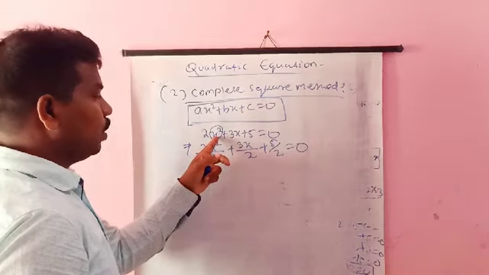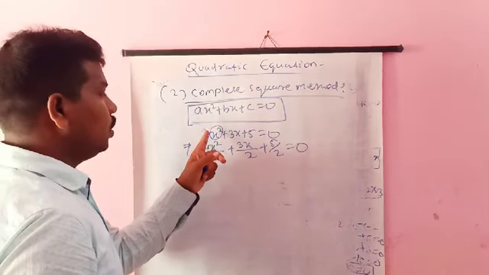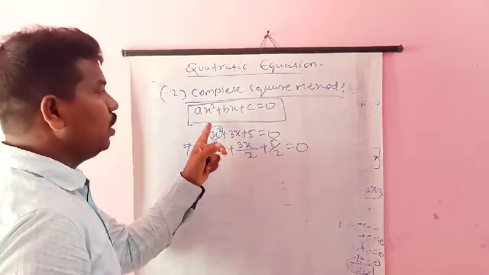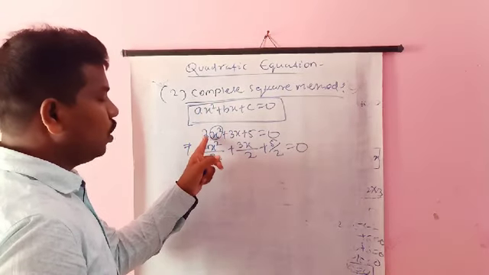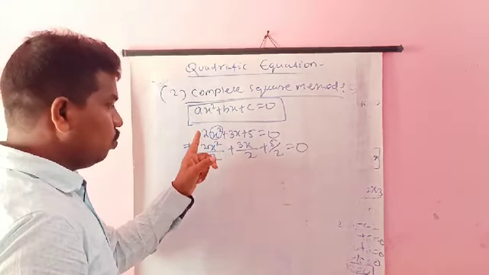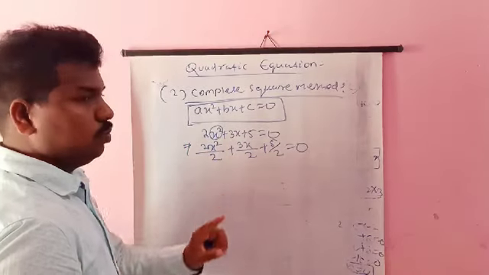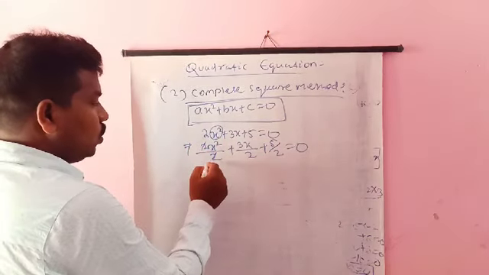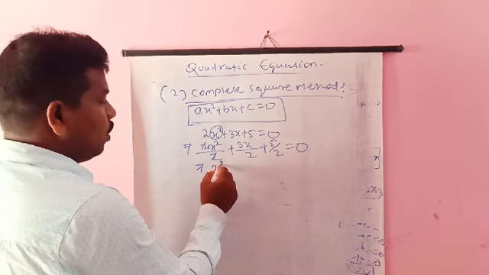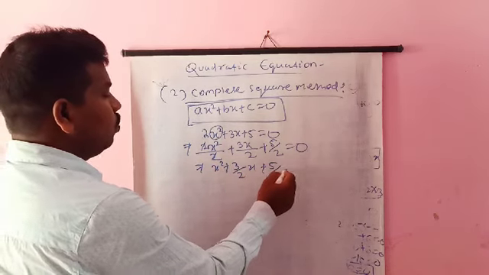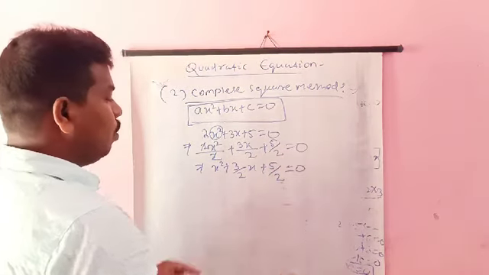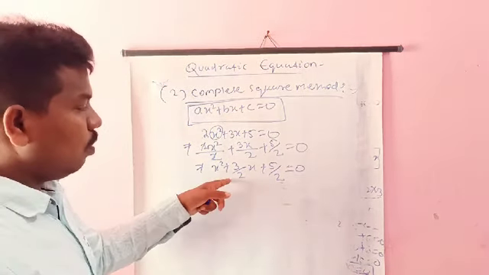Because the coefficient of x square must always remain 1 in the complete square method. Here it is 2, so to remove it we divide each term by 2. So 2 is cancelled, and we write x square plus 3 by 2 x plus 5 by 2 equal to 0. Now we have to convert this equation into the form of complete square.